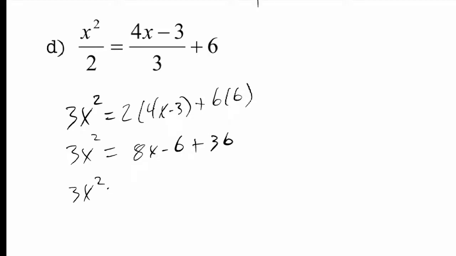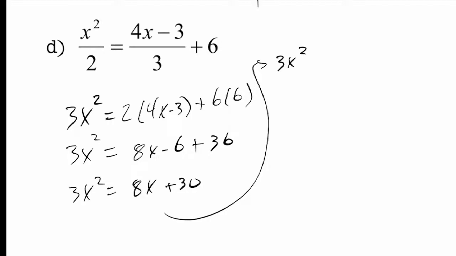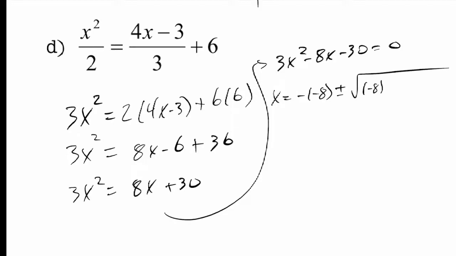So now I have 3x squared equals 8x plus 30. And I end up getting here 3x squared minus 8x minus 30 equals 0. This question says solve using the quadratic equation. So go right to the quadratic equation. x is negative b plus or minus the square root of b squared minus 4ac, all over 2a.